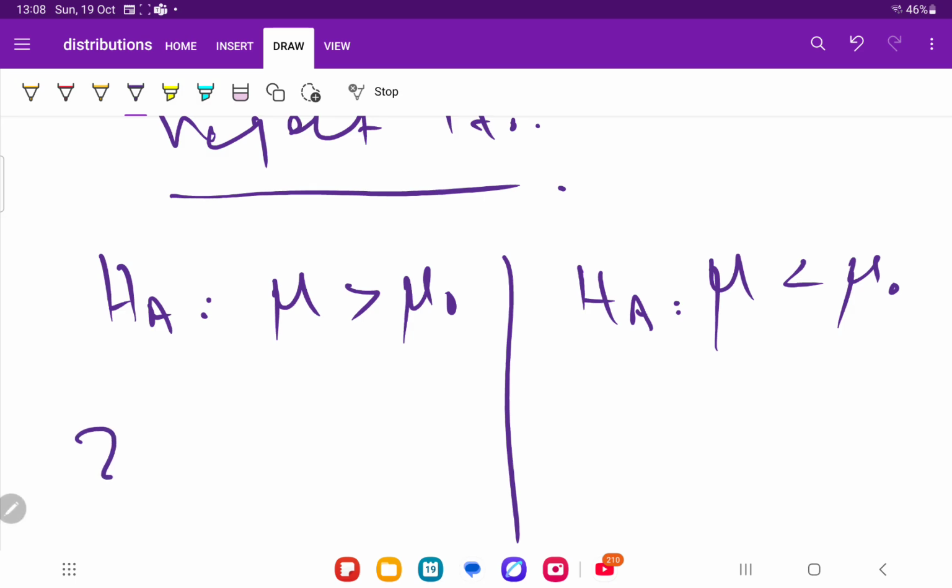So for the greater, z should be greater than or equal to z alpha. Okay, and for less, z must be less than or equal to z alpha. So that is usually the principle when we are testing for the mean.